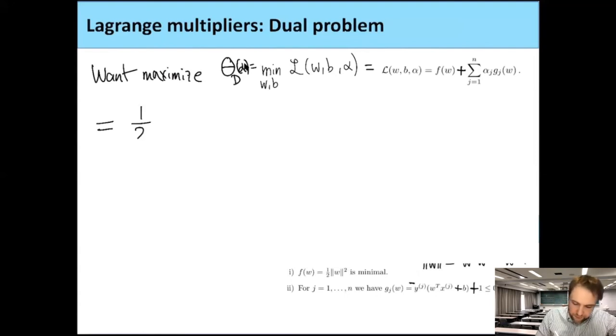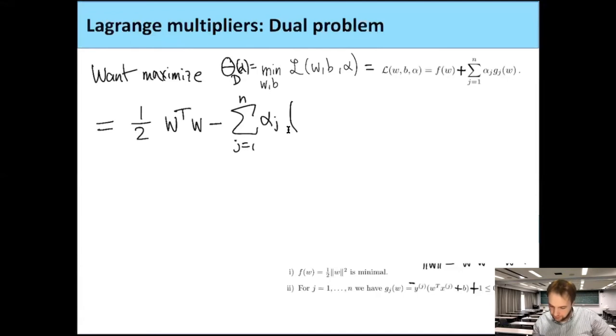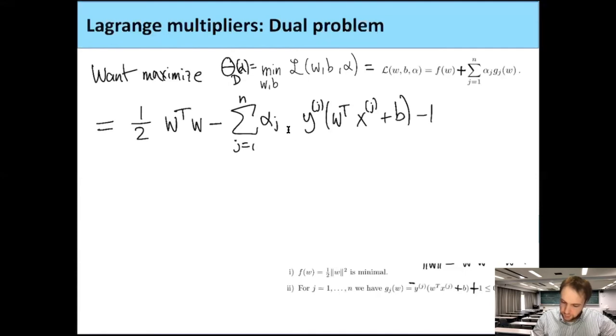So here we have 1/2 w^T w minus, and here we have the sum, j goes from 1 to n, alpha j, times y j (w^T x j plus b minus 1).